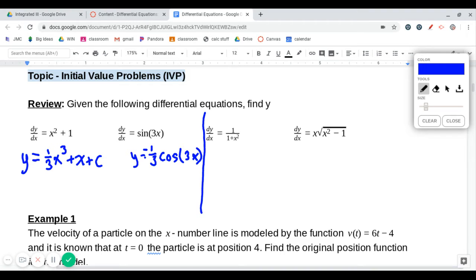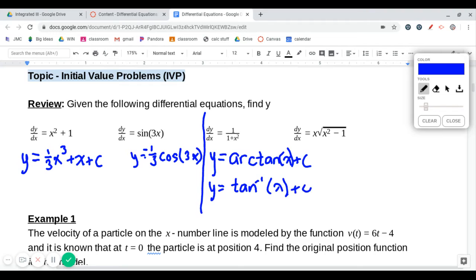If we integrate both sides, the integral of 1/(1 plus x squared) is the inverse tangent, sometimes denoted arctan. So the arctangent of x plus c, or you might see this as y equals the inverse tangent. These mean the same thing. That's just a common derivative: the derivative of inverse tangent is 1/(1 plus x squared).